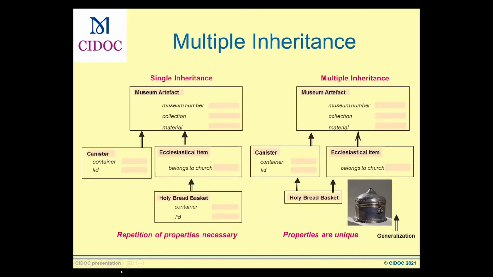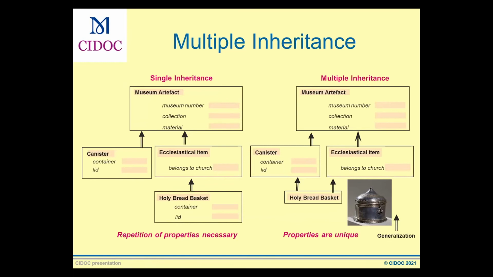Now, another thing that we've built in is this idea of what we call multiple inheritance. If we look at the single inheritance diagram on the left here, if we had a museum artifact and we divided the museum artifacts into ecclesiastical items that belong to a particular church, or canisters which have a bottom and a top, a container and a lid.